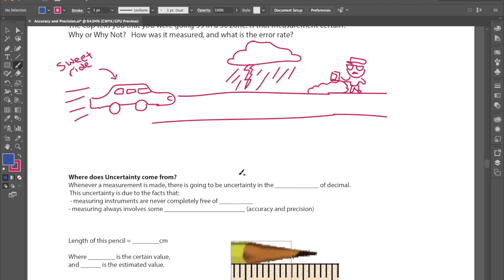So whenever a measurement is made, there's always going to be uncertainty, and that uncertainty is going to be in the last place of the decimal. So usually the last value of a measurement that's given is that digit that is the uncertain digit.